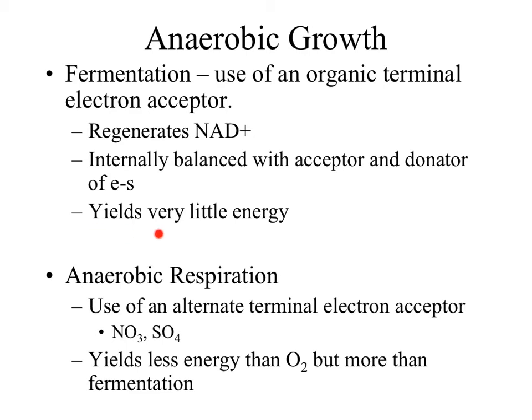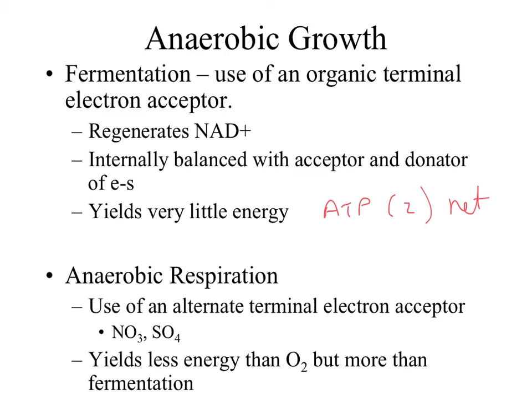And it's going to yield very little ATP, so we're going to get 2 net. Now, anaerobic respiration is just like the entire process that we just went over for cellular respiration with one change.